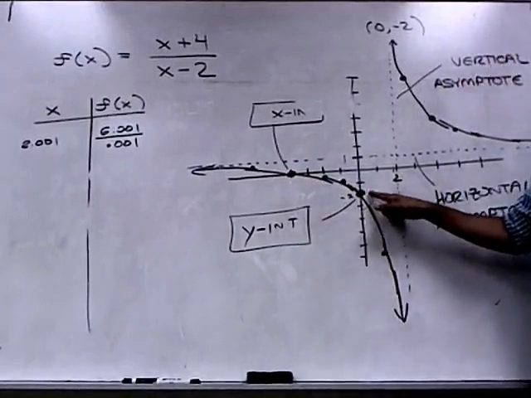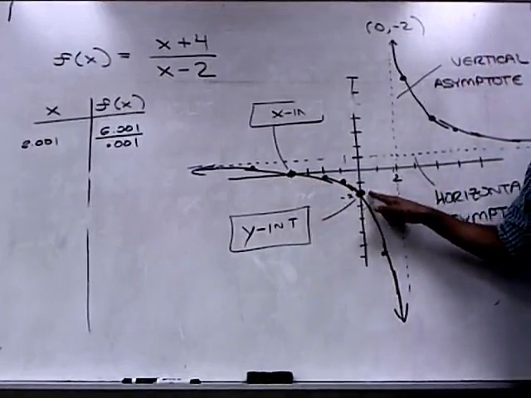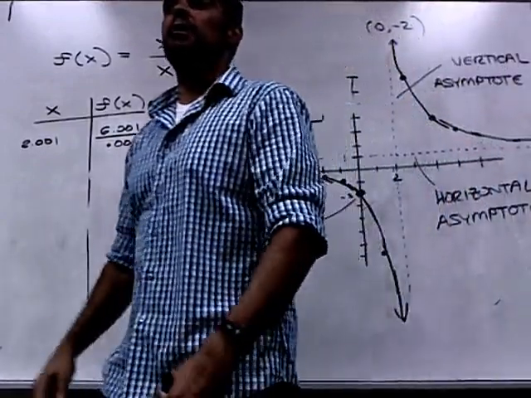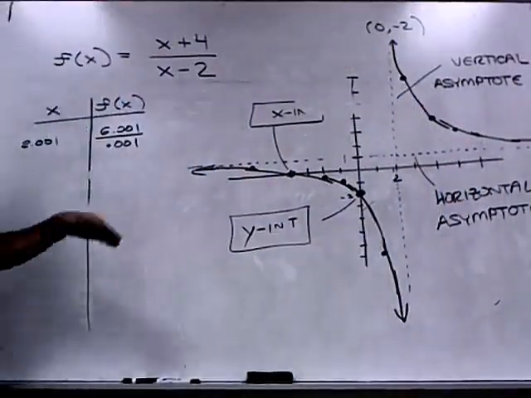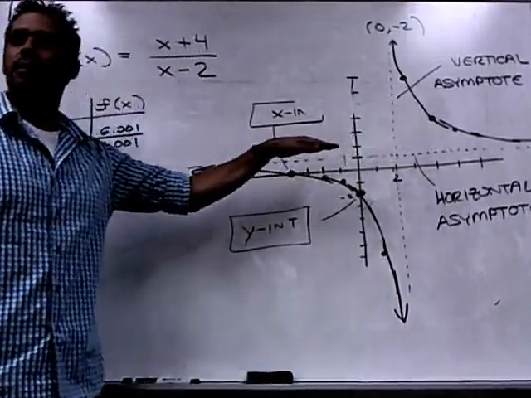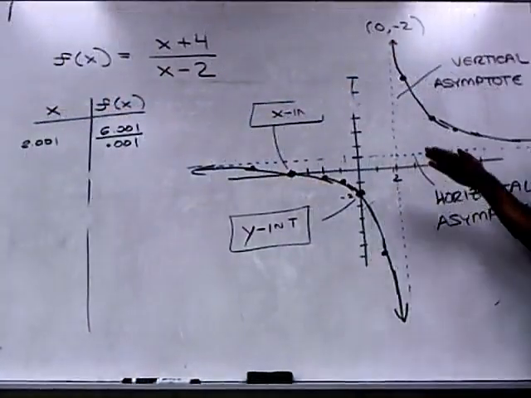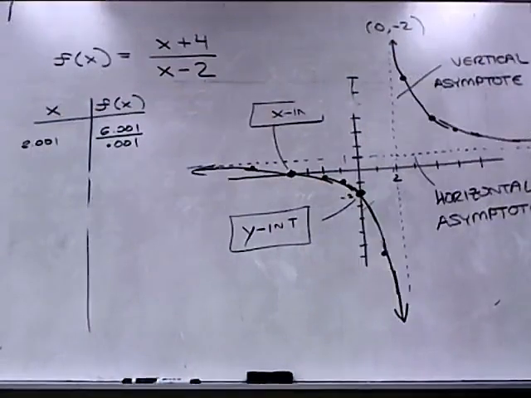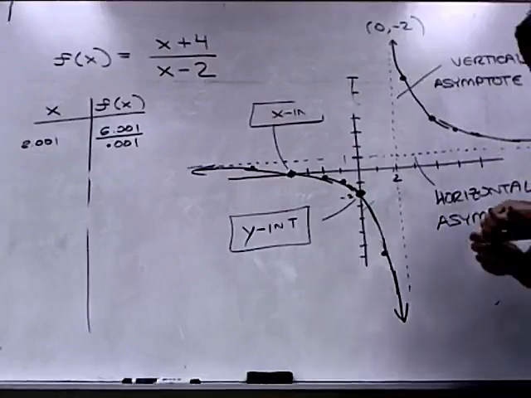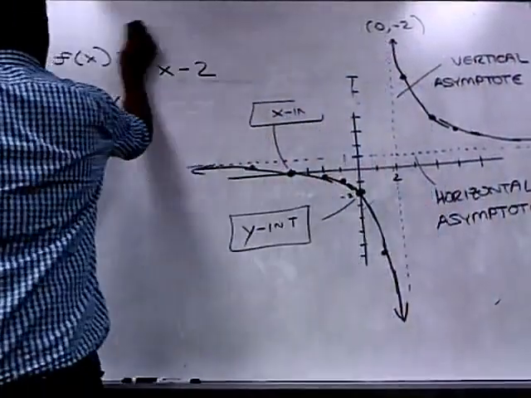Y-intercept happens when x is 0. And the last thing to figure out is where this comes from. And that's a little harder to do. All right? Figure out why this thing wanted to approach 1 on each side. So we'll leave that, that's where we're kind of headed here.